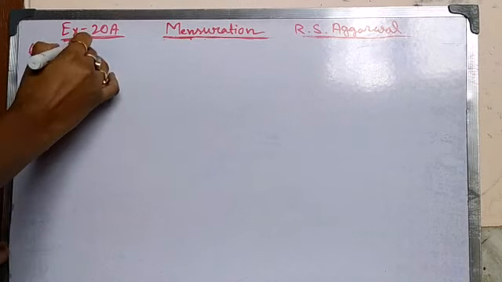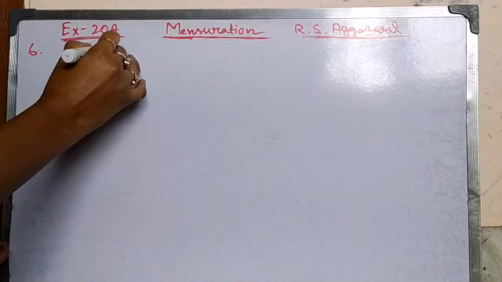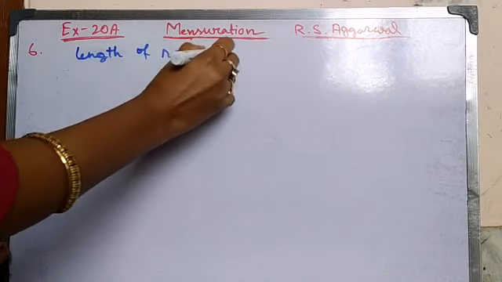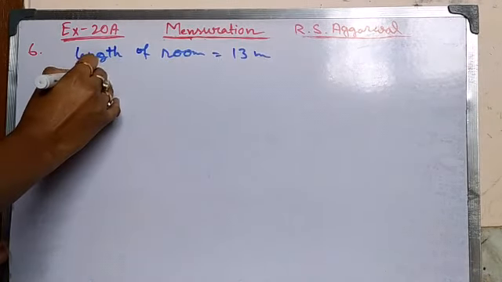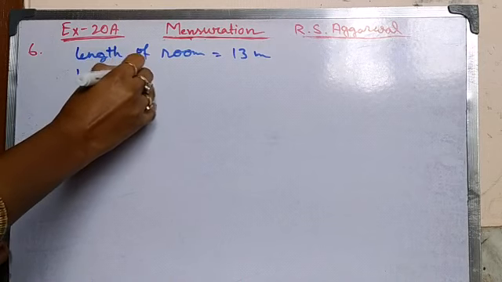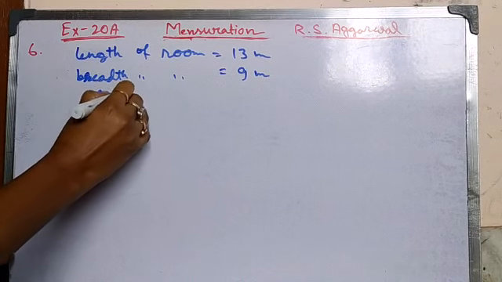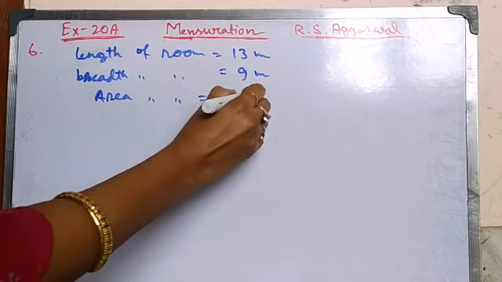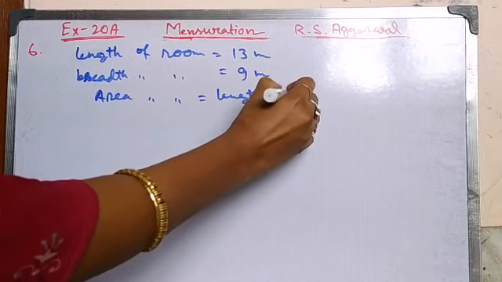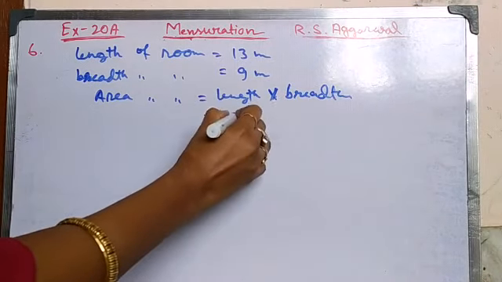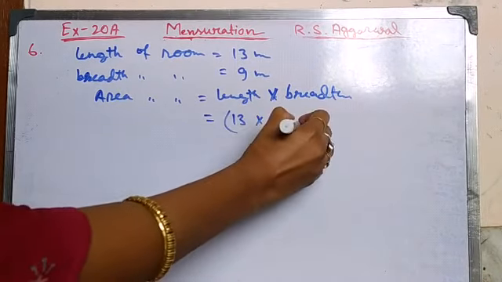Length of the room is 13 meter, breadth of the room is 9 meter. Then the carpet width is given, 75 centimeters. So area of the room, that is length into breadth, that means 13 into 9 meter square.